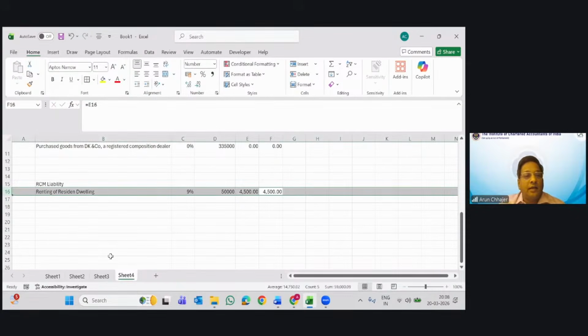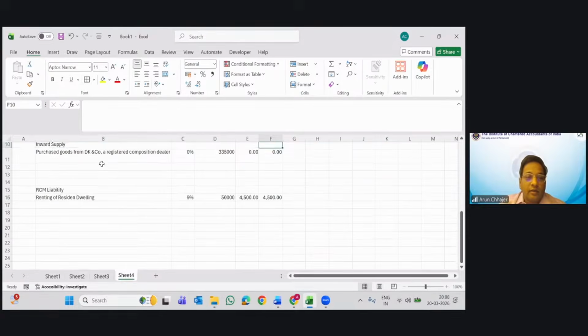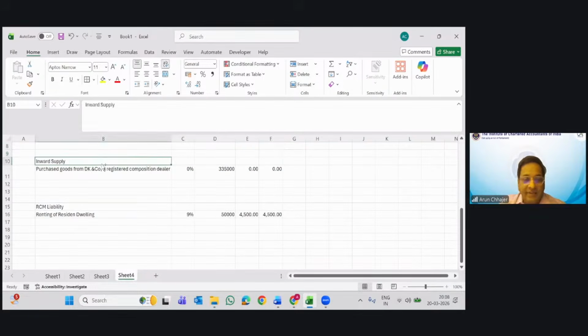Now, can we pay the RCM liability through ITC?